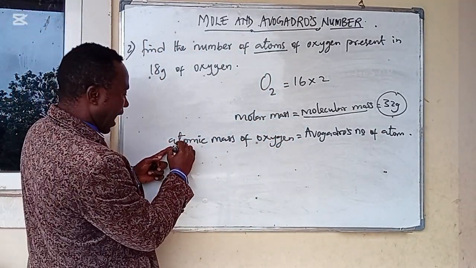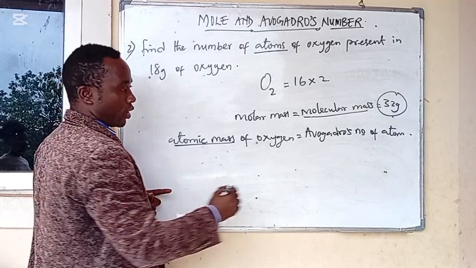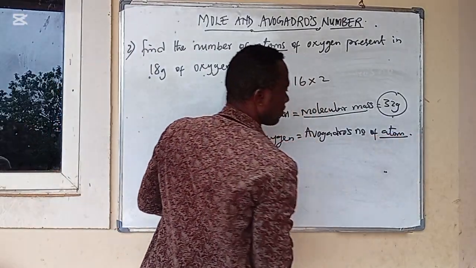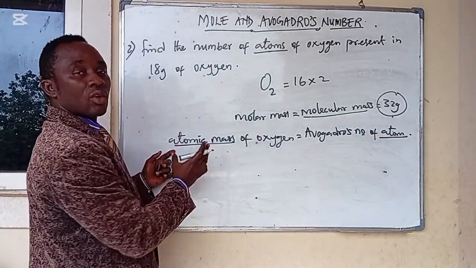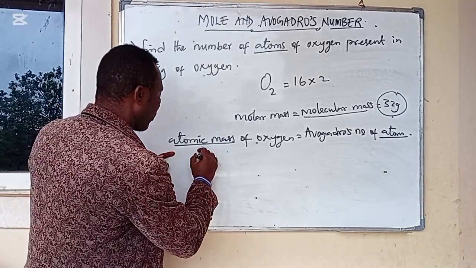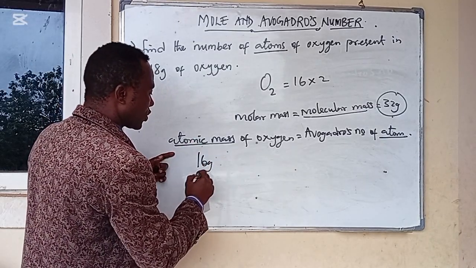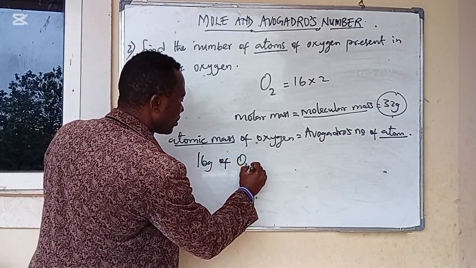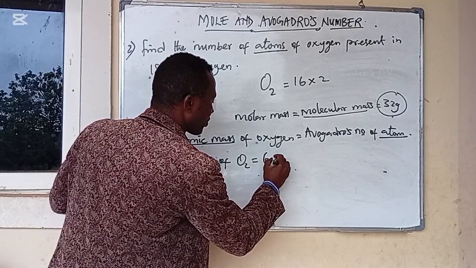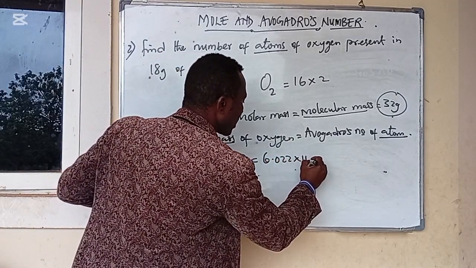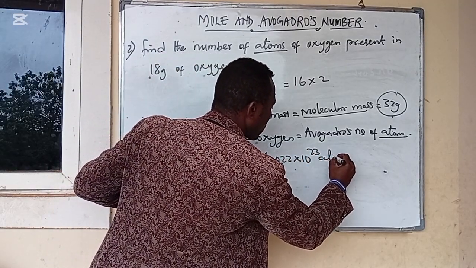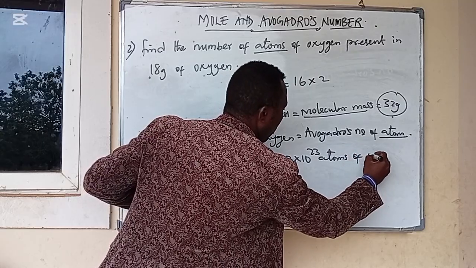So you can now see atomic mass goes with atom. So what is the atomic mass of oxygen? The atomic mass of oxygen is 16 gram. So 16 gram of oxygen will give you 6.022 times 10 raised to power 23 atoms of oxygen.